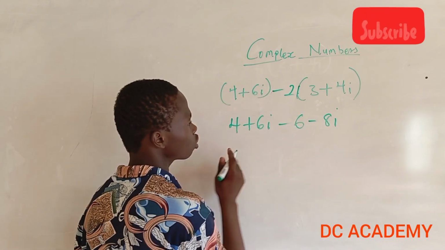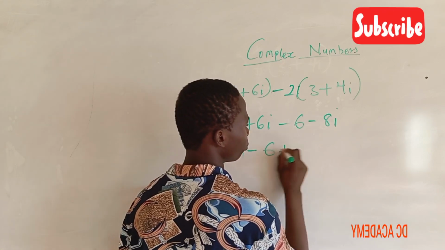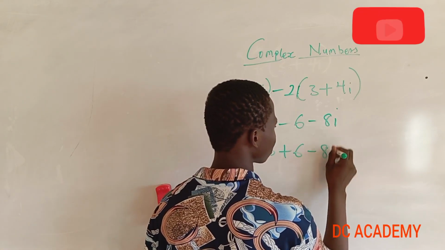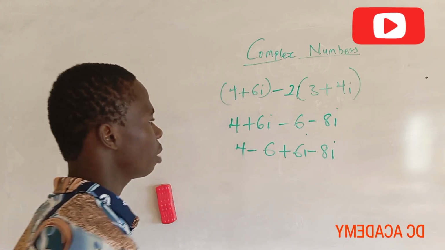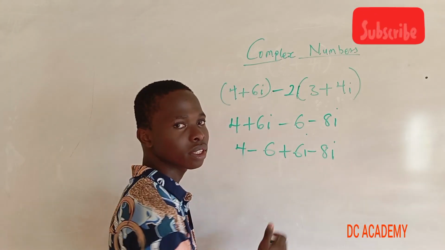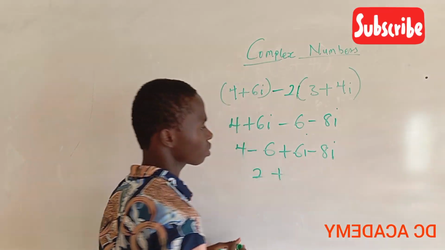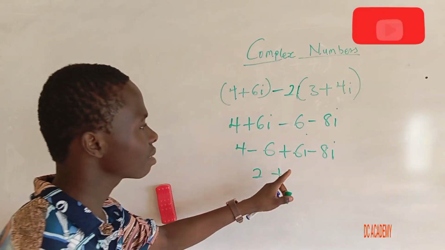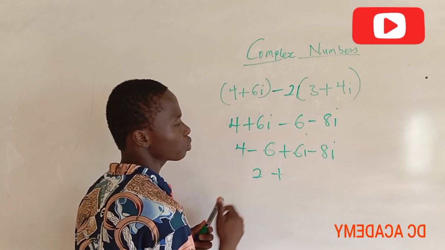Now, we have this to be 4 minus 6 and plus 6i minus 8i. Now, 4 minus 6 is actually just 2. So 6 minus 8, this is minus 2.